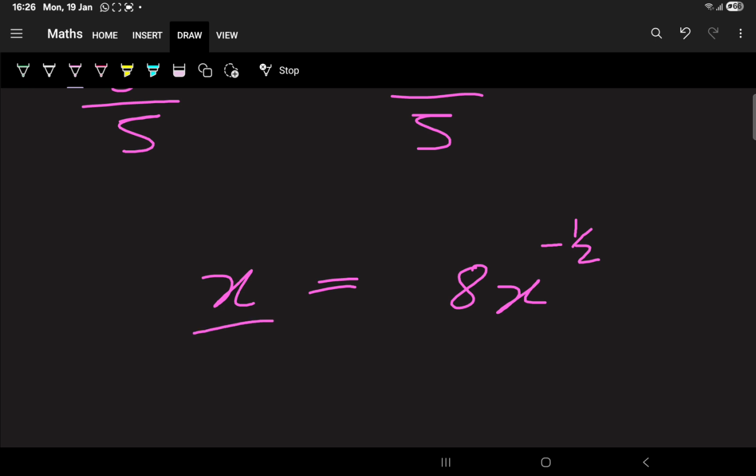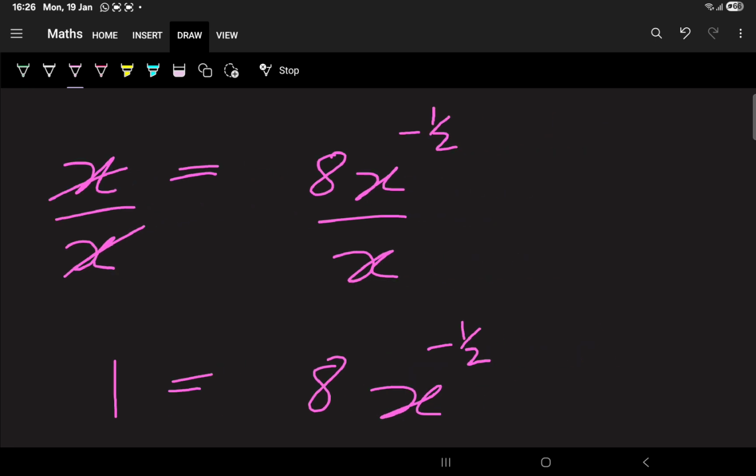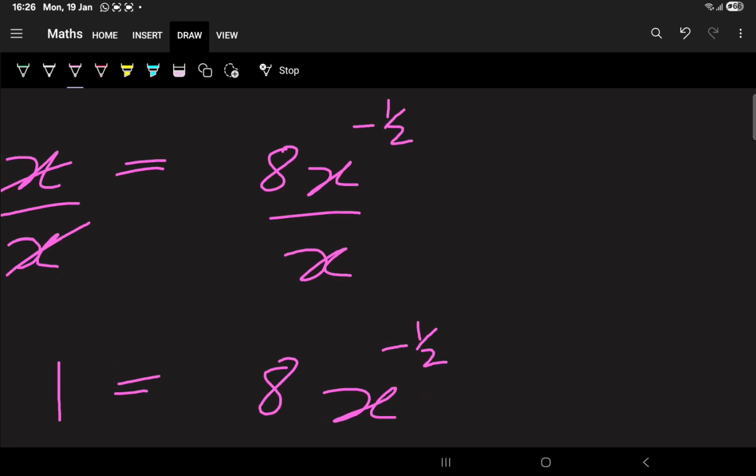Now I'm going to divide both sides by x, and simplifying this, on the left hand side I have 1, and on the right hand side I have 8x to the negative half. Now applying the division rule law of indices, this is going to be negative half minus 1, because this x right here is raised to the power of 1.